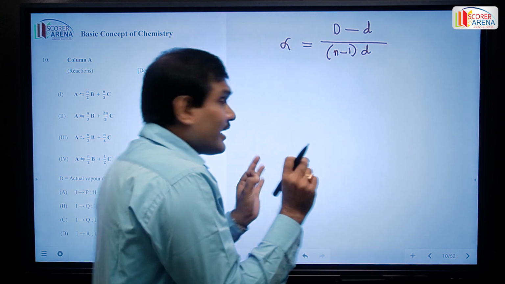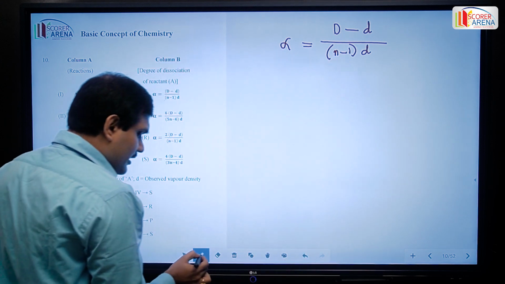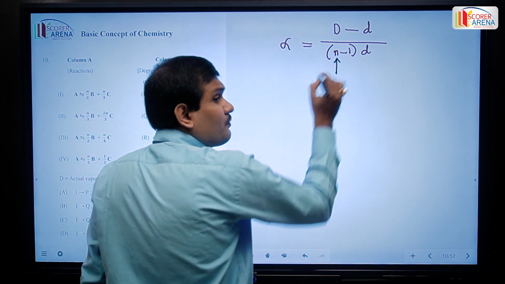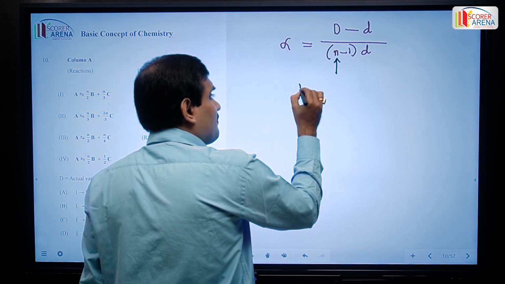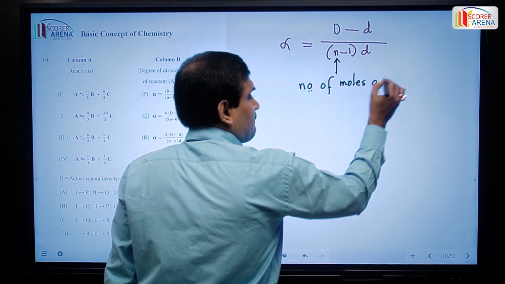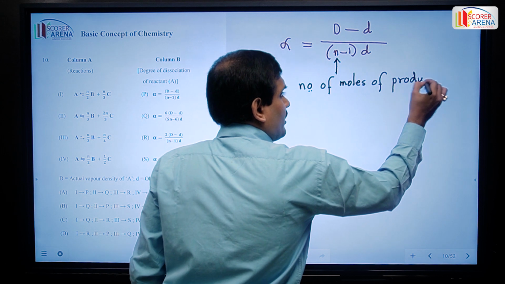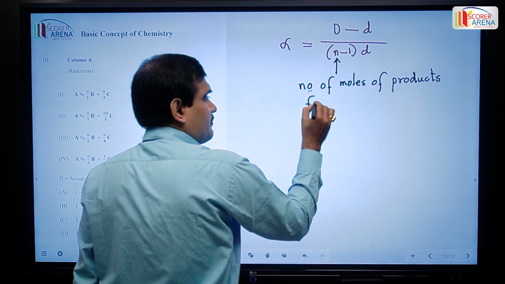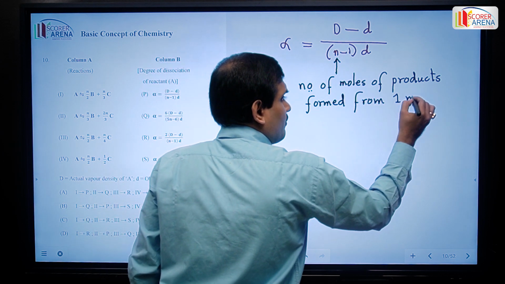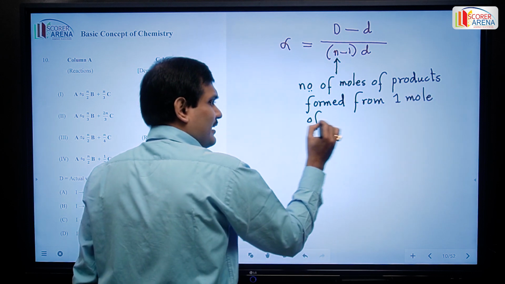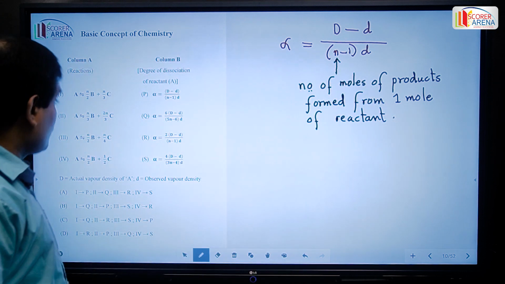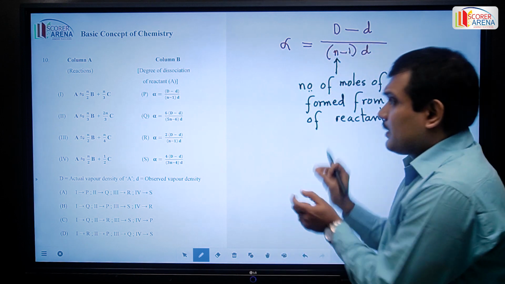And here this n, again I am telling, deals with the number of moles of products formed from 1 mole of any reactant. So in this concept we have to apply to solve this problem.